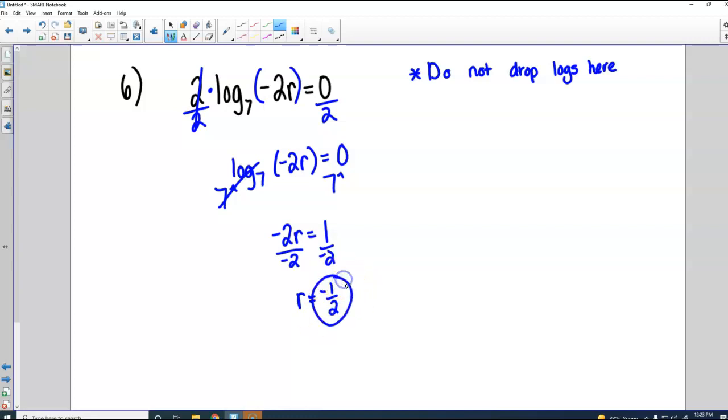But if I plug negative 1/2 back in up here, negative 2 times negative 1/2 gives me positive 1, so it's okay. In fact, I don't think you're going to get a no solution on this worksheet for the quiz tomorrow, but I just want you to know that can happen sometimes. Some worksheets we do. Questions on 6?